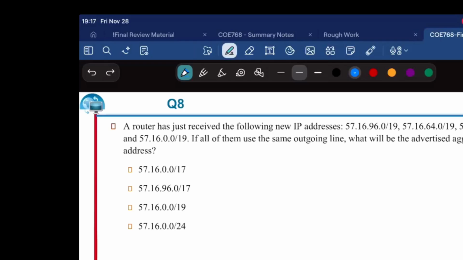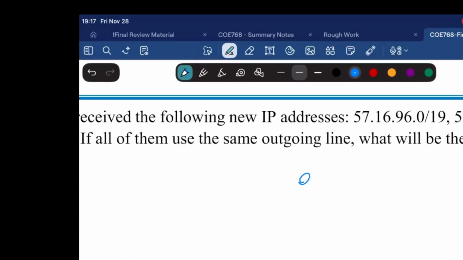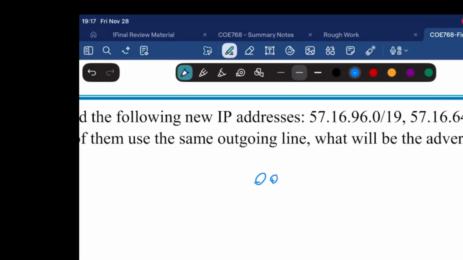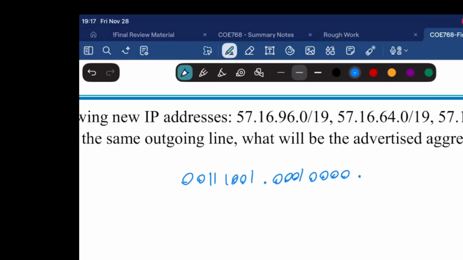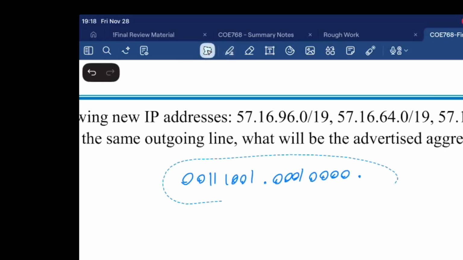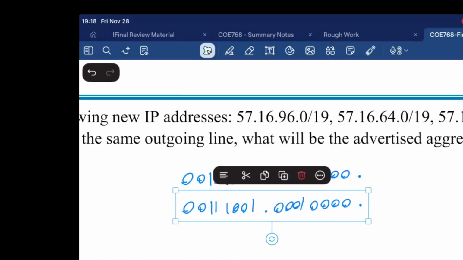So first step here, hope this is not new news, convert everything into binary. So from here, we would start converting into binary. We have the 57s, and since this is going to be repeated across all four of them, I'll just duplicate.